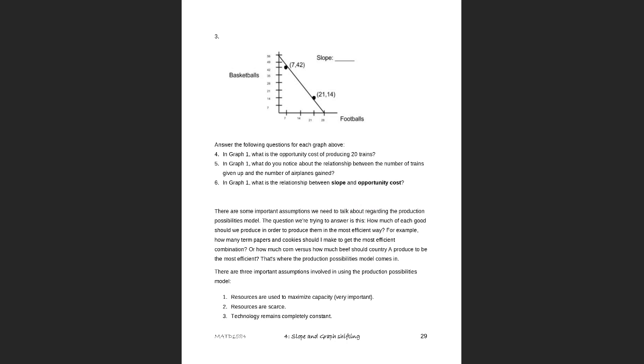Okay, good. So here too, if we can find the slope of here, we are going to get 42 minus 14 all over 7 minus 21. Now, 42 minus 14 will give us 28.